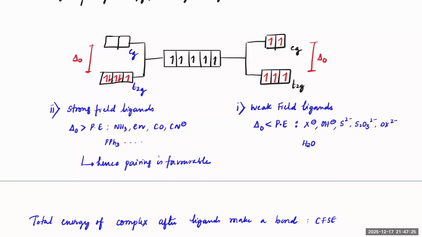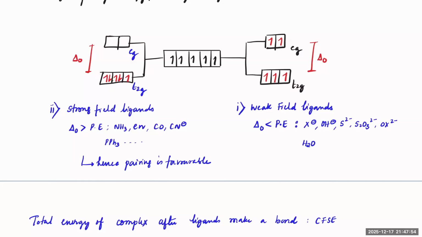The other way of arranging is to put all the electrons in t2g first. This is following the Aufbau rule. Got it? That is, fill the lower energy orbital completely, then only go to the higher energy orbital.